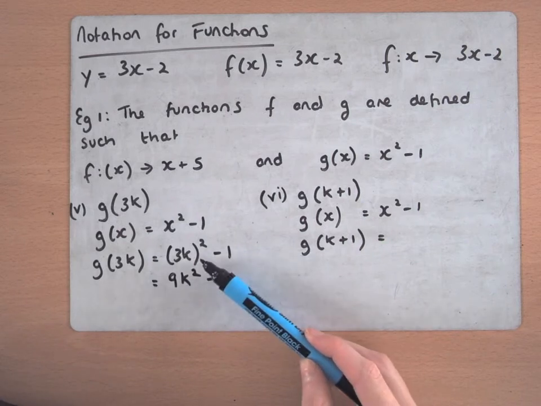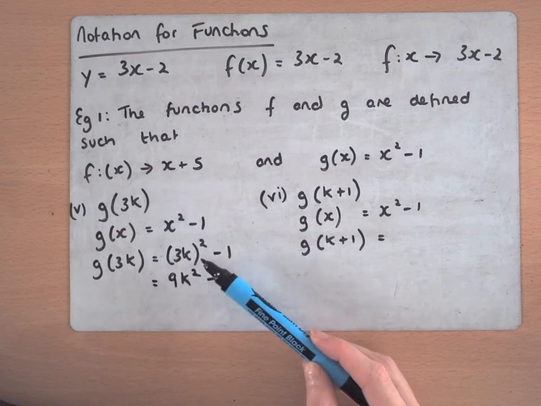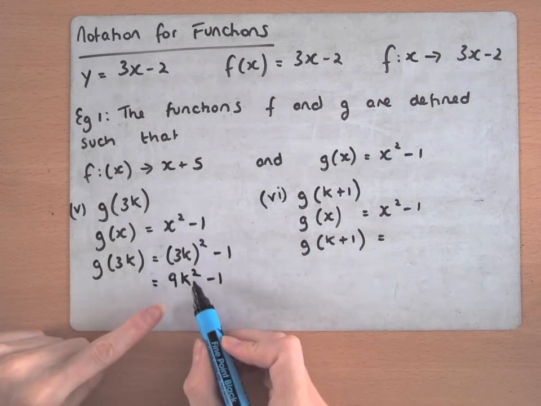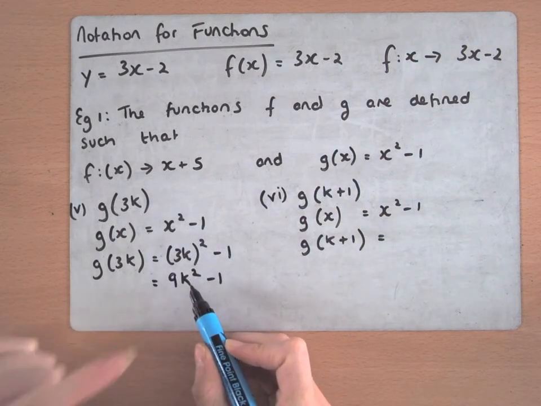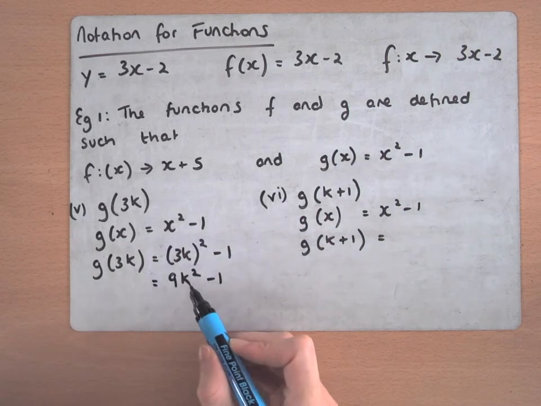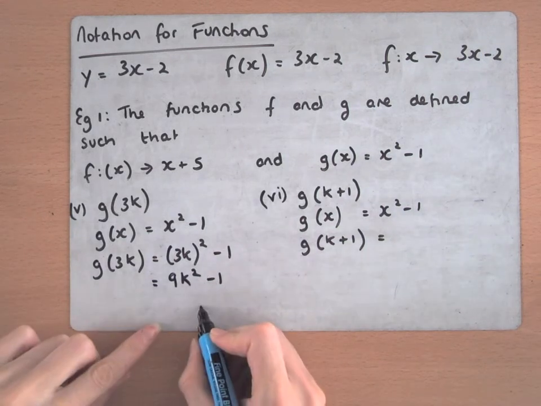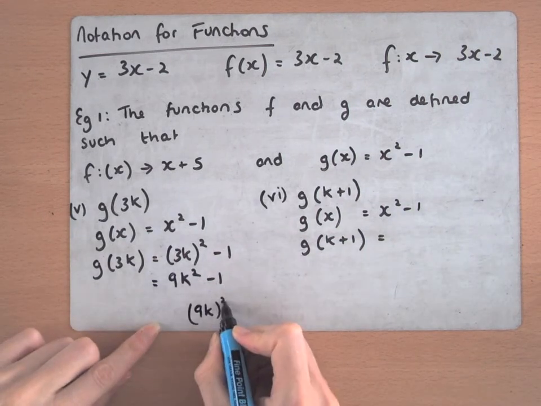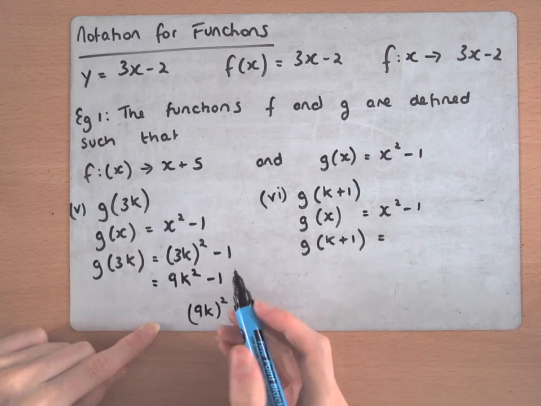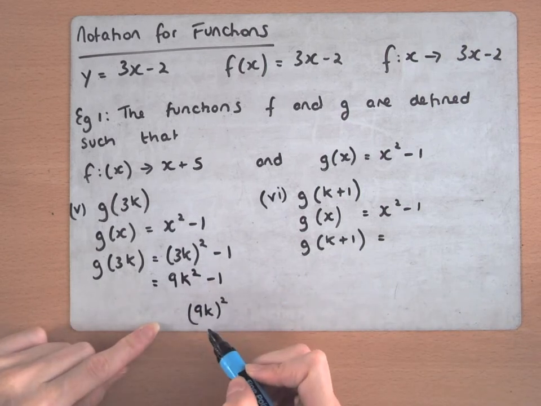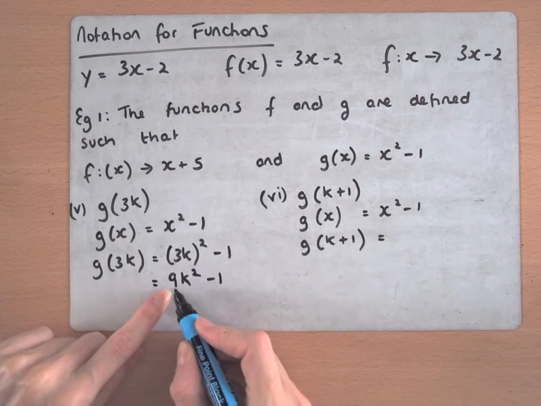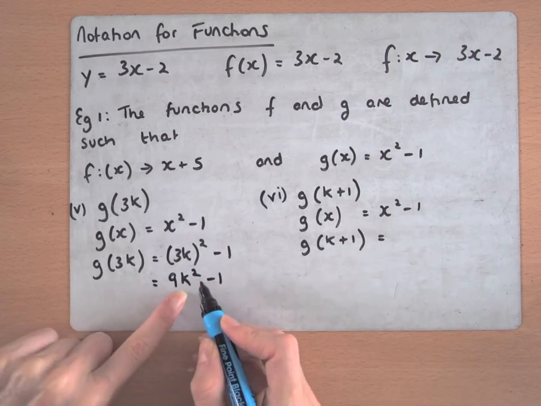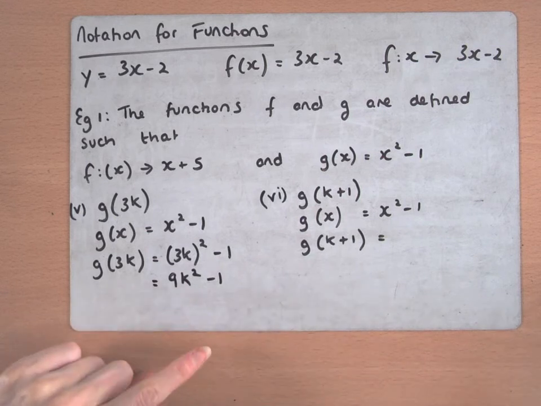Yeah, because you already did like 3k squared. Yeah. So, do you see the way that square is just next to the k? That means it's just k to be squared. Otherwise, it would be written like that. And that would mean I'd have to square the 9 and square the k. But when it's just written like that, it means, okay, the 9 is just 9. The k is squared. Okay?